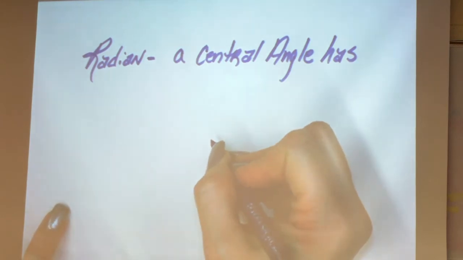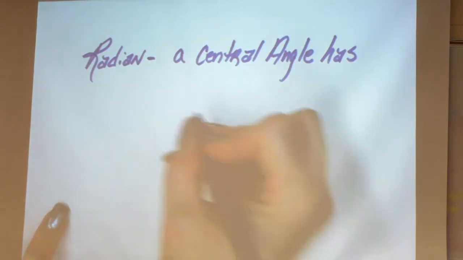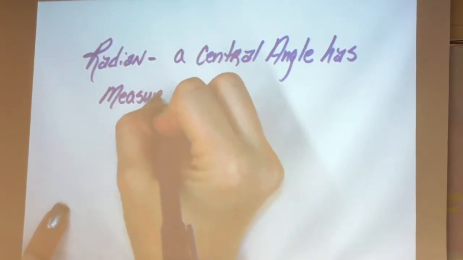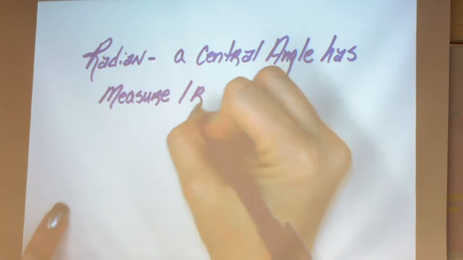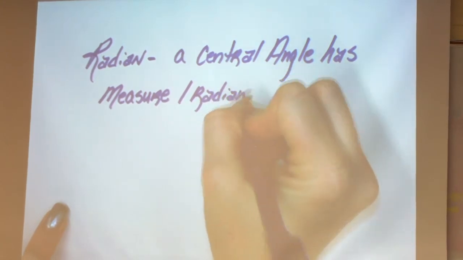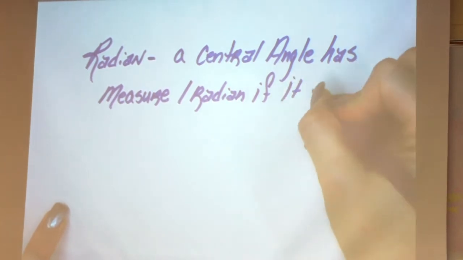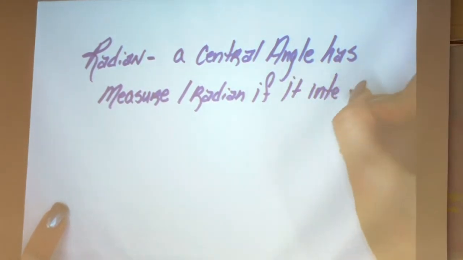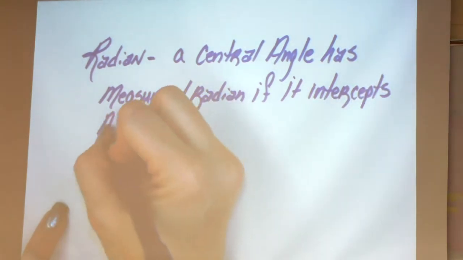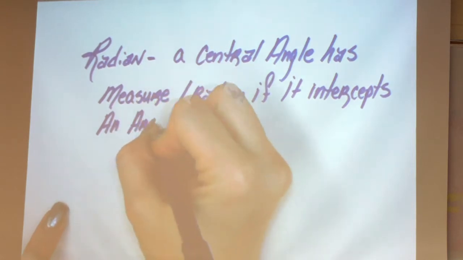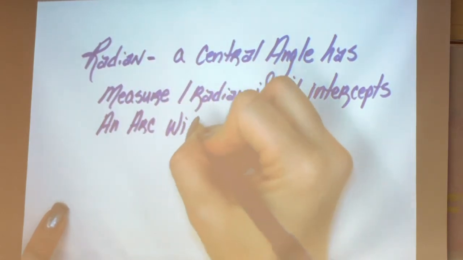has measure 1 radian if it intercepts an arc with the same length as its radius.